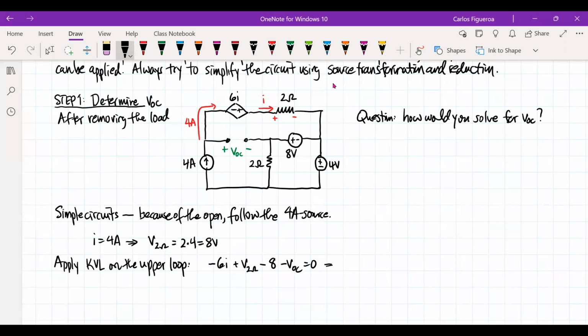Now if I solve for VOC, the dependent source is 6 times 4, so I get minus 24. We already know the voltage of the 2 ohm, and you can see that this is minus 24 volts for VOC.